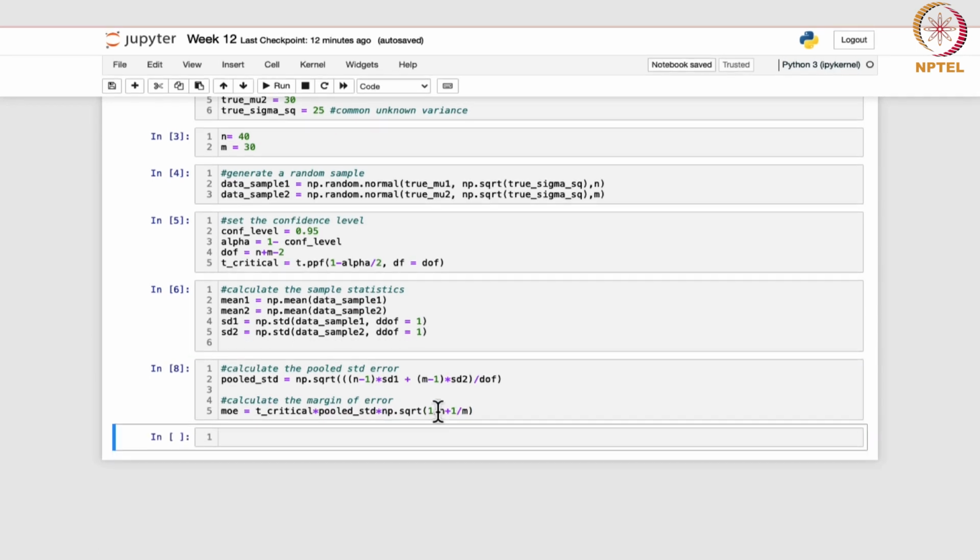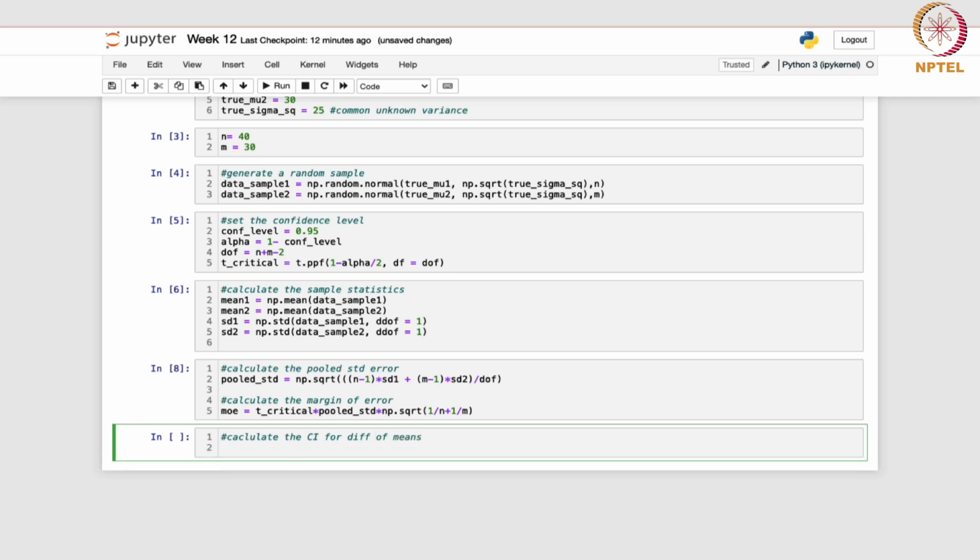Now, since you have calculated the margin of error, you are ready to find out the confidence interval. Calculate the confidence interval for the difference of means. First of all, let us write difference mean.